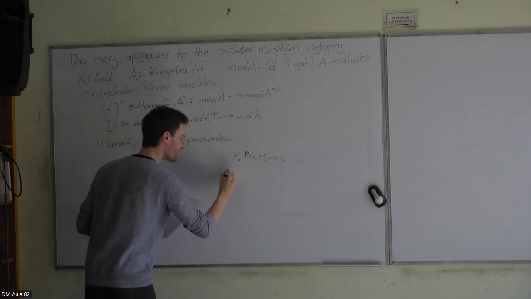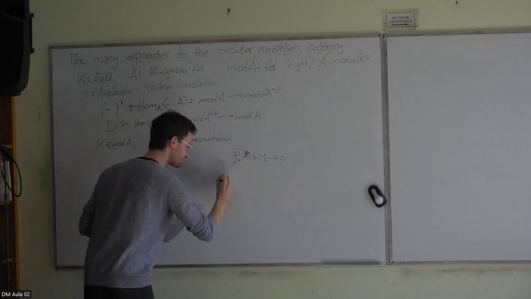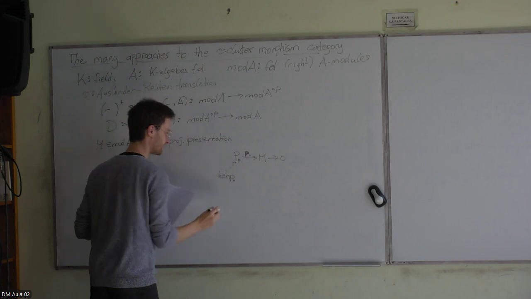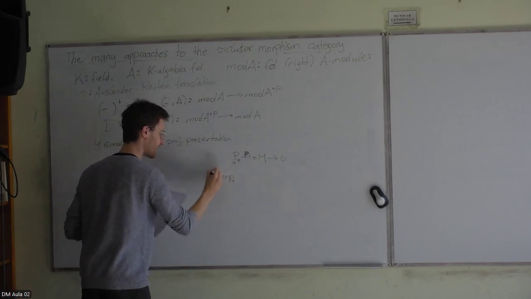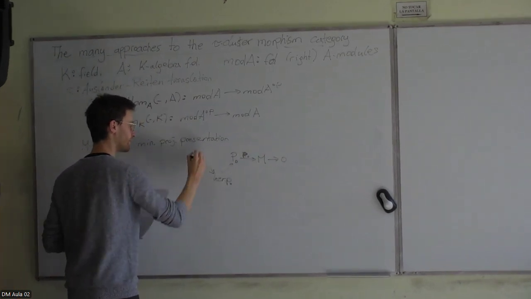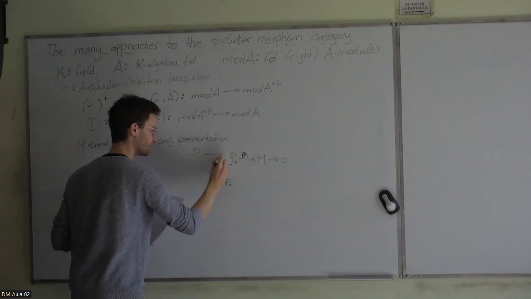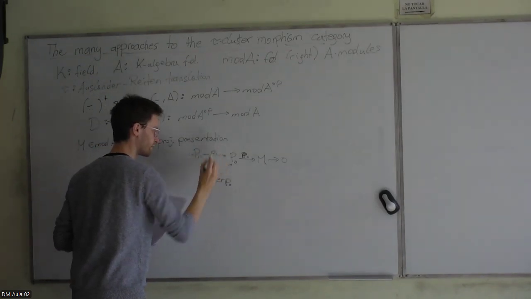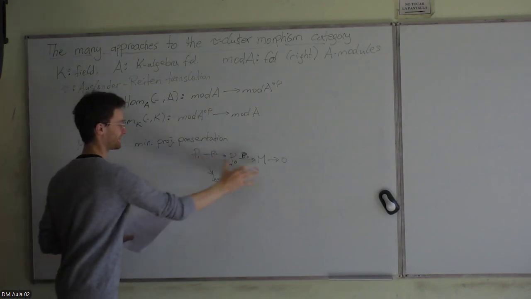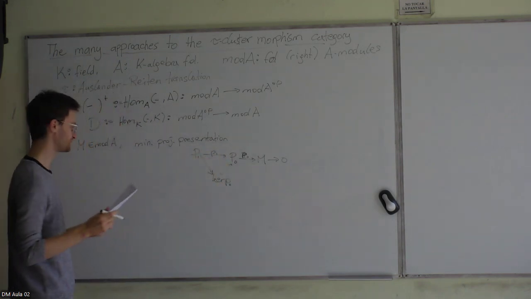And then I look at the kernel of this map, and I take a projective cover of this kernel. This is what I call a minimal projective presentation.